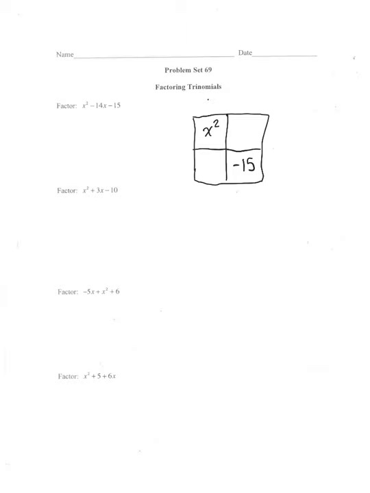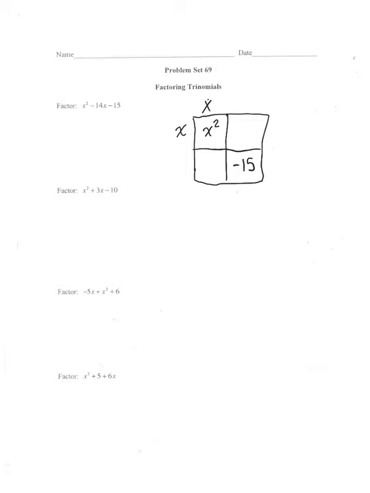I can already do a little bit of detective work here because I know that x times x is going to get me the x squared. So I just need to know what two factors are going to add together to equal my negative 14. They need to multiply to equal negative 15 and add together to equal negative 14.